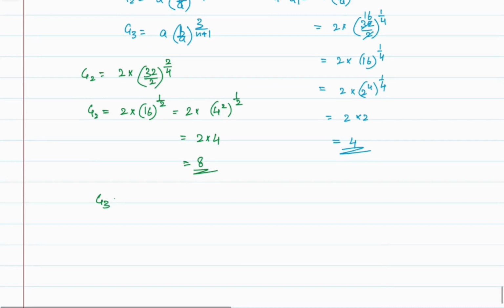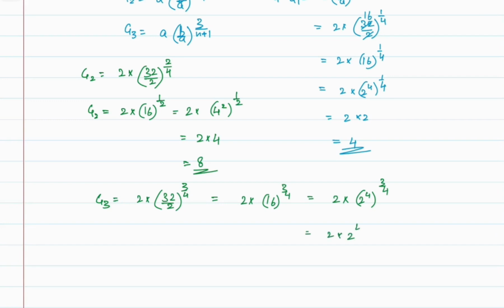Now g3 will be equal to 2 into (32 by 2) power 3 by 4. That will be equal to 2 into 16 power 3 by 4, which is 2 into (2 power 4) power 3 by 4. That is 2 into 2 power 4 into 3 by 4. When you cancel 4 and 4, we will be left with 2 cube, which is 8. So 2 into 8 will be 16.